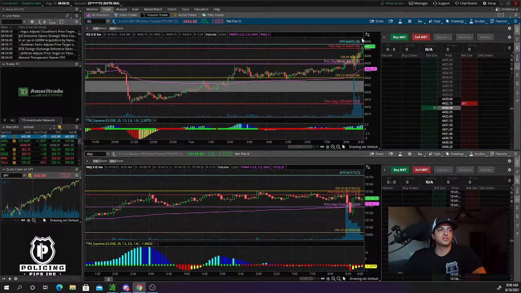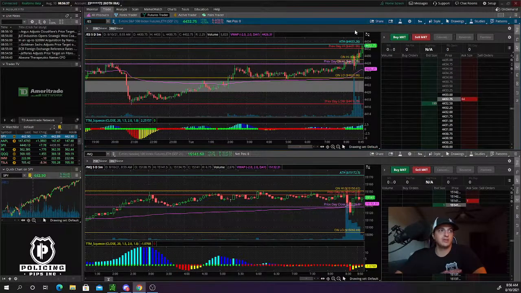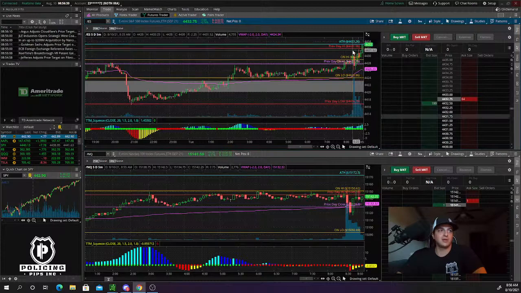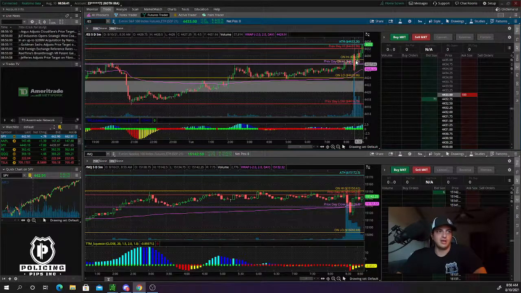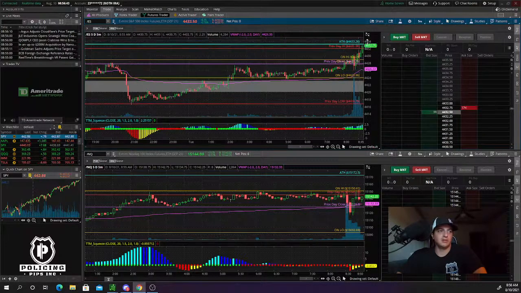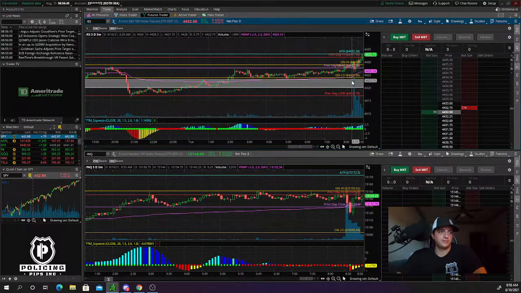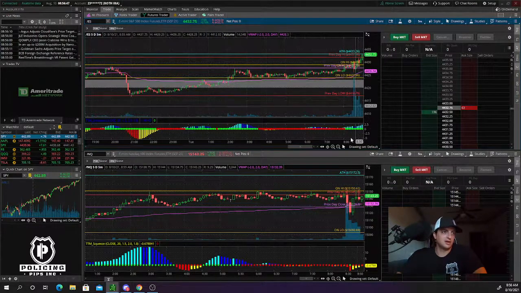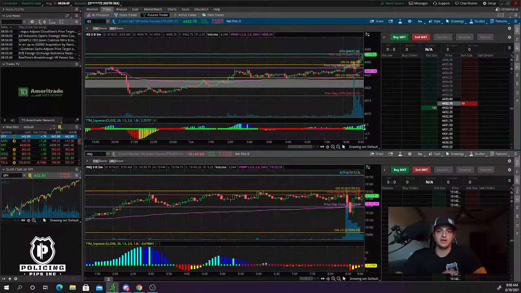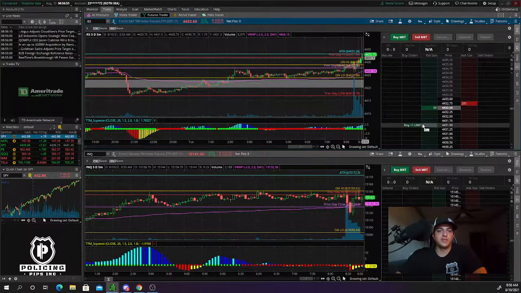This risk to reward isn't enough for me to take that trade, because now we're almost at the all-time high. Probably going to hit it right now, and then it needs to either break or reject. If it does, I still have that strong momentum to the upside. So I don't have faith that it's going to roll over.